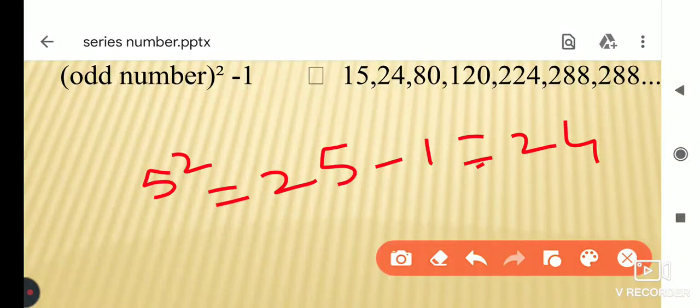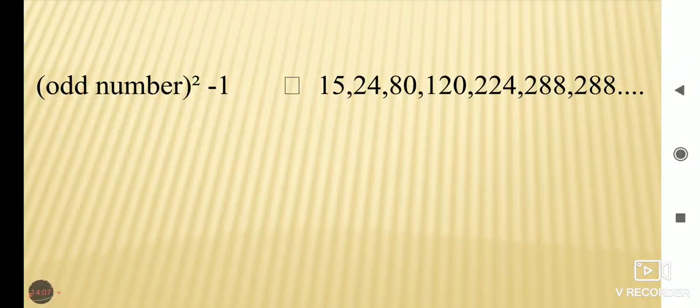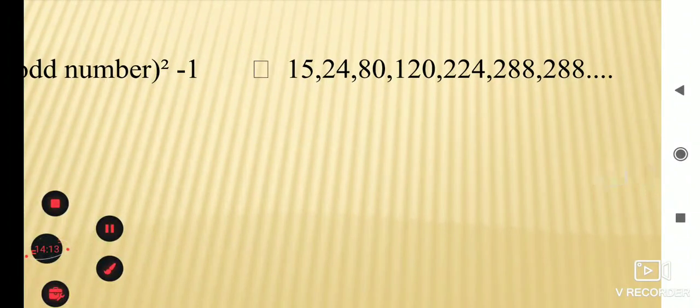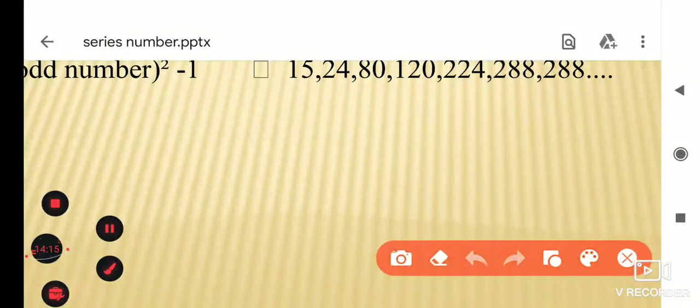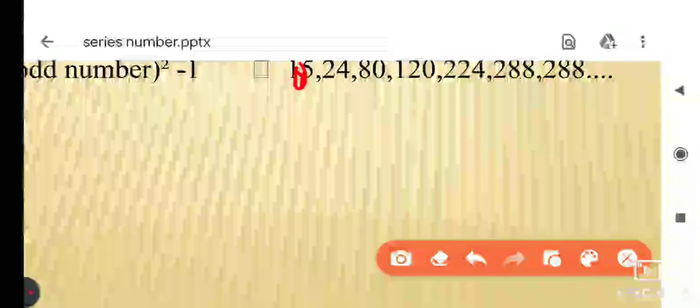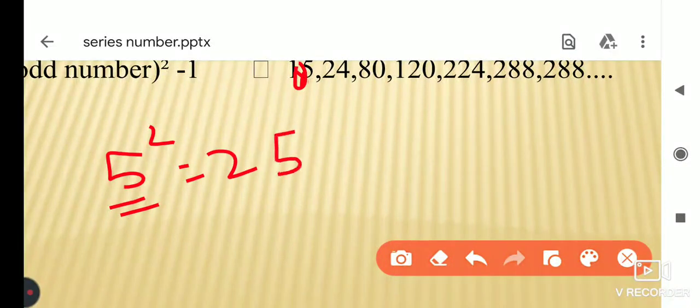Okay, in this number series, the 15 is a wrong term. Okay, 15 is a wrong term. The square of 5 is the correct term. We get the square, that is 25 minus 1 is equal to 24.